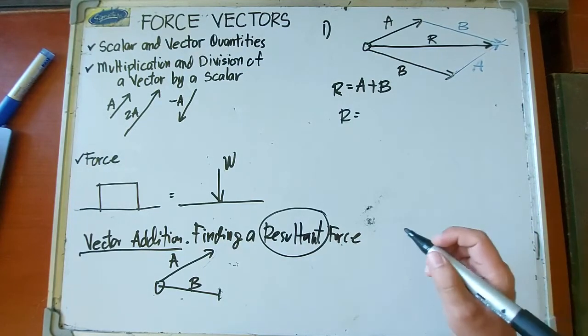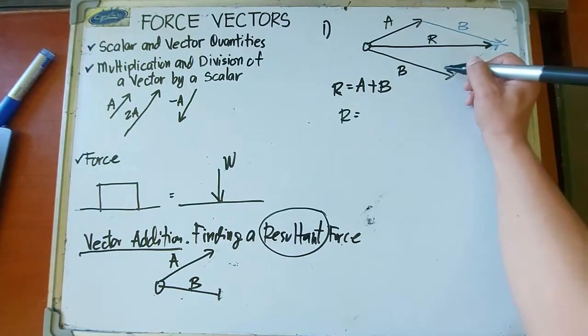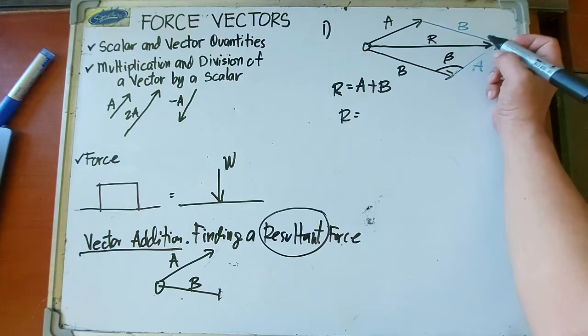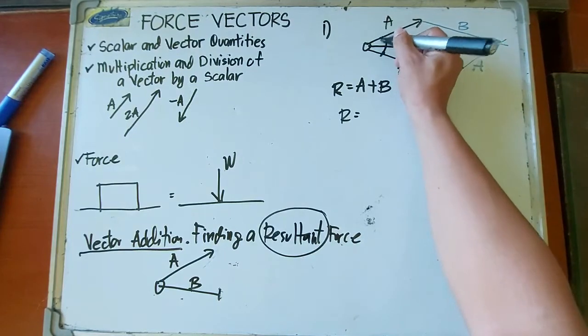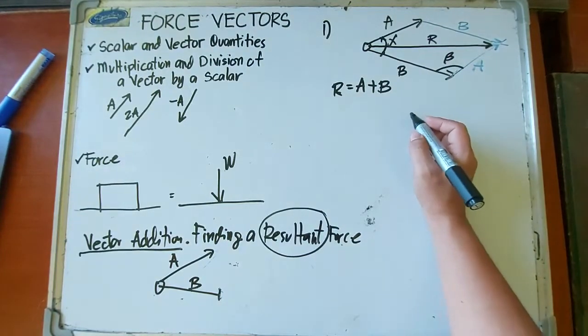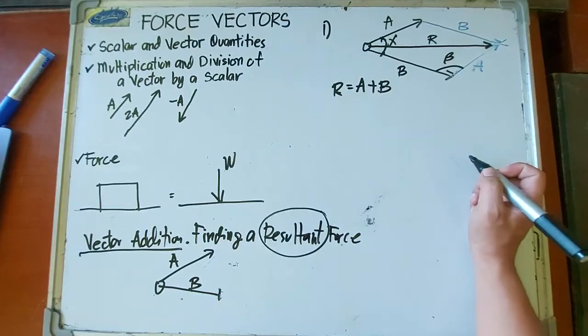So given yung angles natin dito, let's say this is angle beta and this is angle alpha. Or you may choose to isolate the upper triangle.